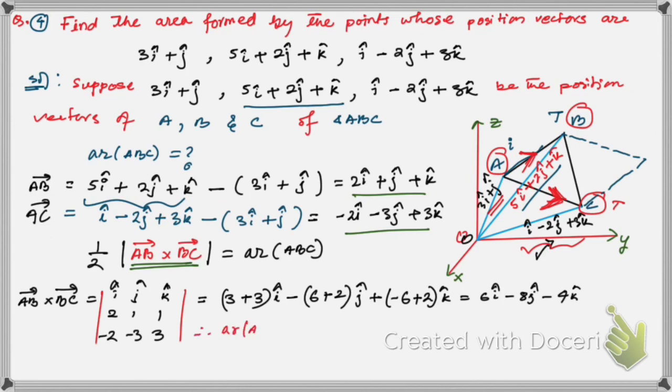The area of triangle ABC is equal to half of the magnitude of AB cross AC. Again I have written BC here, so that should actually be AC. I made a mistake here. We are taking these two vectors, the AB vector and the AC vector, so don't be confused.